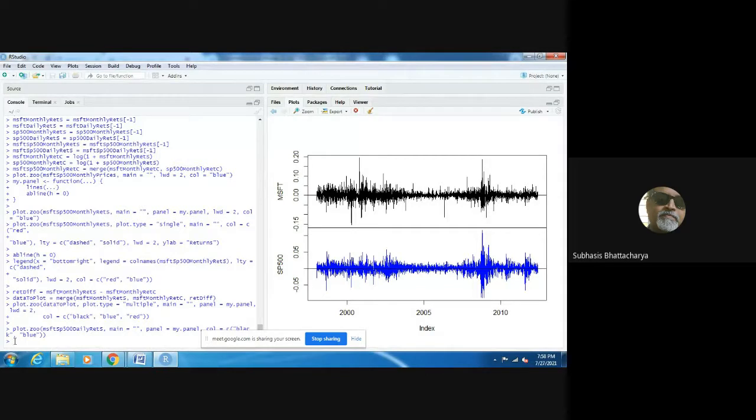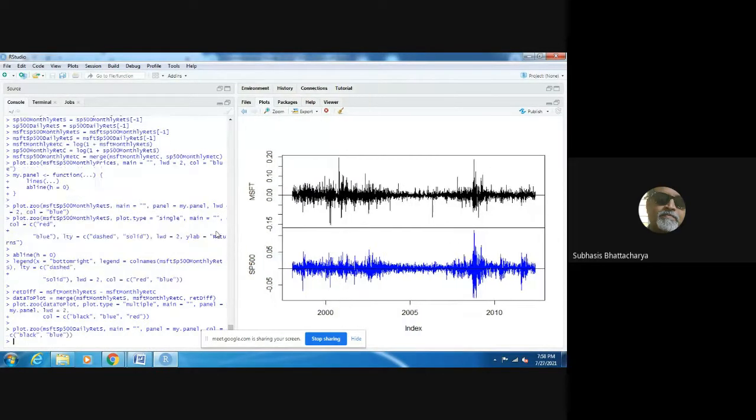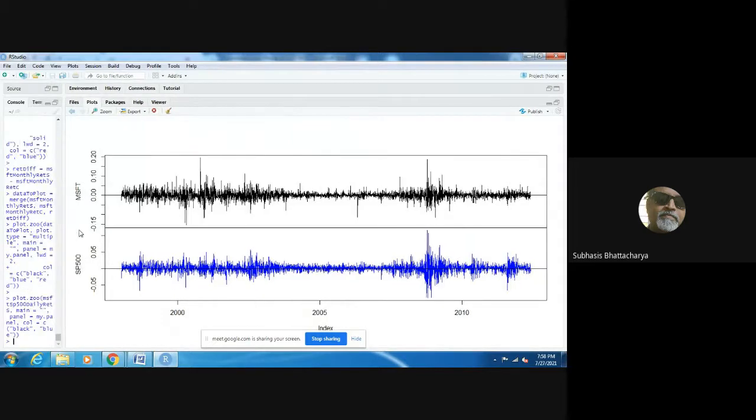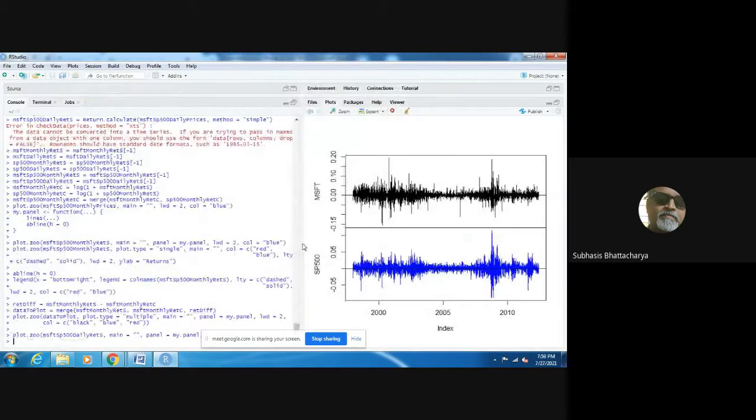If I expand this one, it becomes easier to see. Because in the case of daily returns there are more frequencies, the clustering of periods of high and low volatility is more pronounced. And with the daily return, the volatility of Microsoft is larger than the SP500.